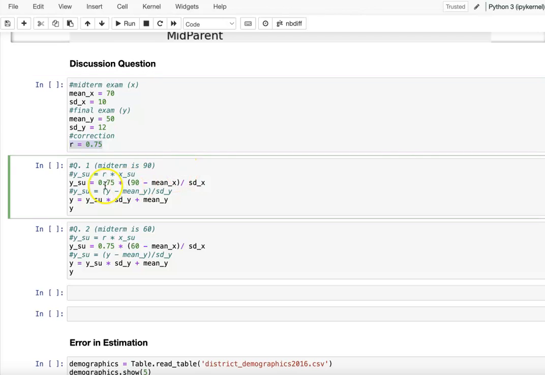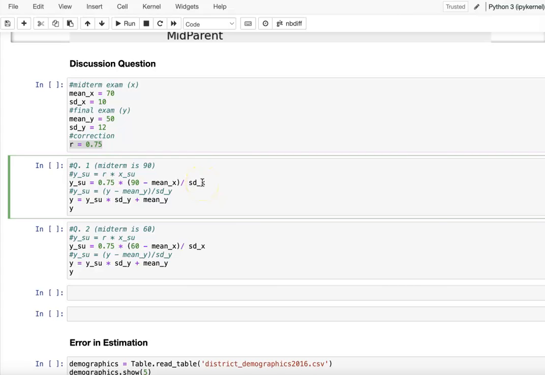Like earlier we said, since we know the final exam in standard unit equals the correlation times the midterm exam in standard unit, we just plug in. After we get y, the final exam in standard unit, we just need to plug into here, since we have the average and standard deviation of the final exam.